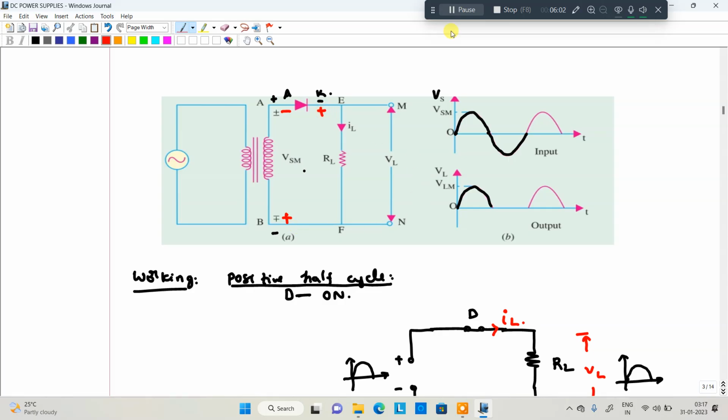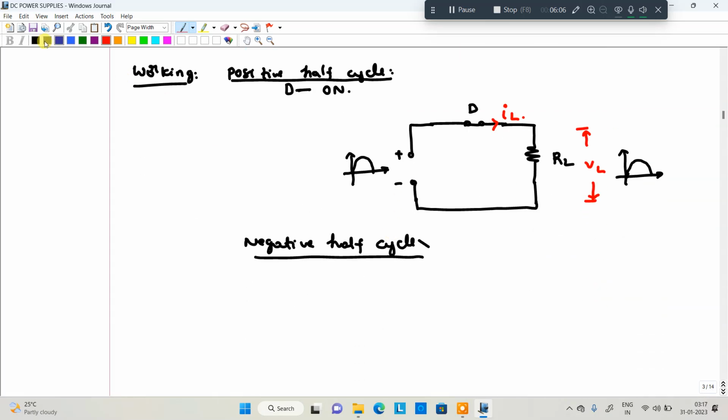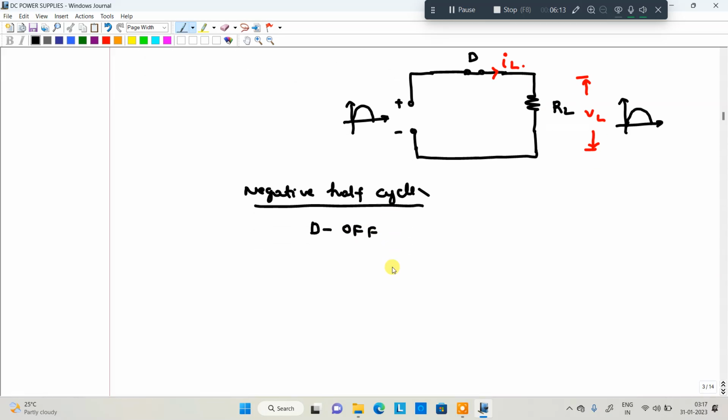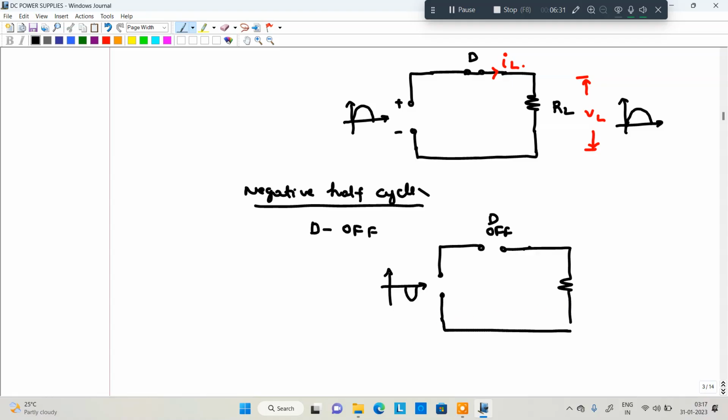What will happen? The diode is reverse biased, so D is in the off state. Drawing the equivalent circuit: the input voltage is connected, the diode is off, and this is the load.